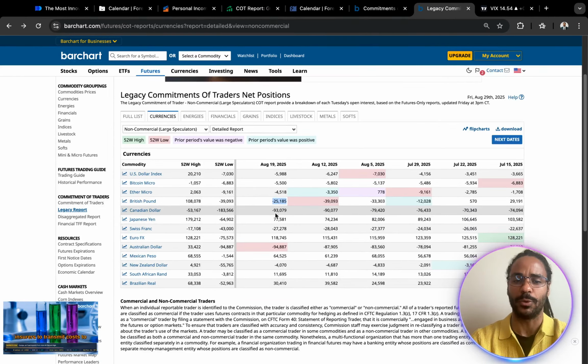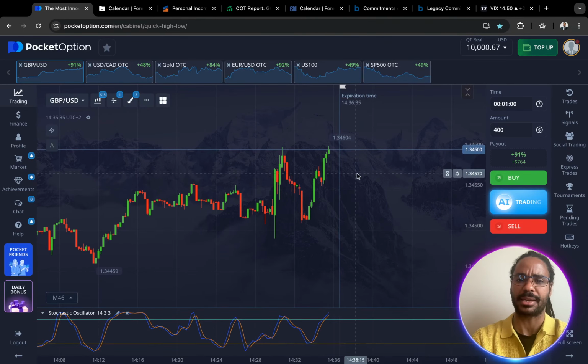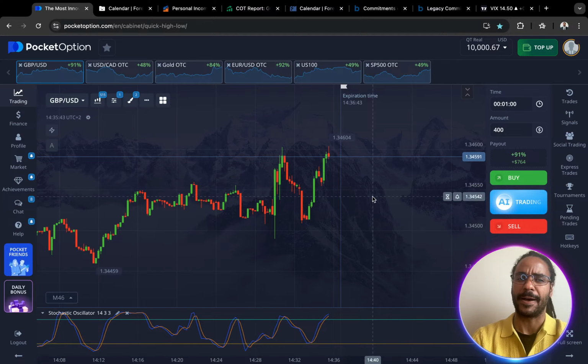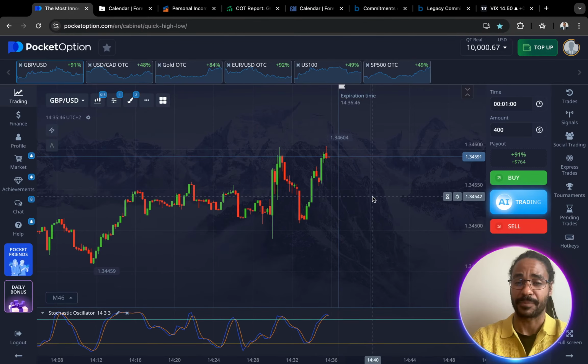Alright guys, now having this in mind, having understood that the GBP is pretty much weak, we naturally expect the currency pair to drop. Now that is one other extra confirmation that we have.